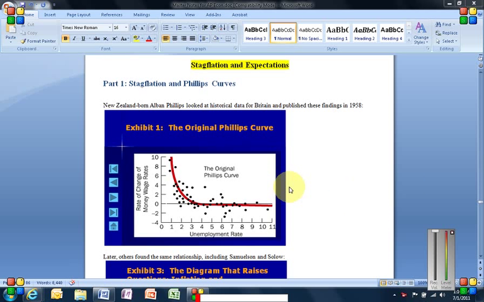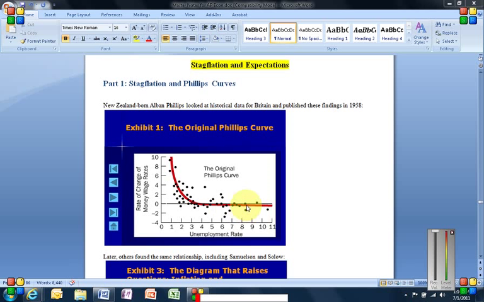If you take a look at this visual, Phillips plotted over several years what the rate of change in money wage rates was in Britain. Think of it just as inflation rates, along with the unemployment rate year after year after year. So visualize each of these dots as its own year, and as you can see, after all of the information was put together in one place, he found a general trend.